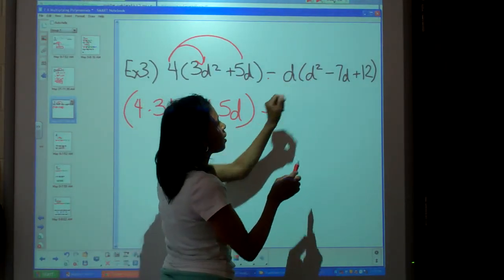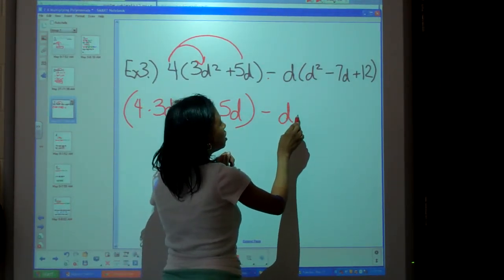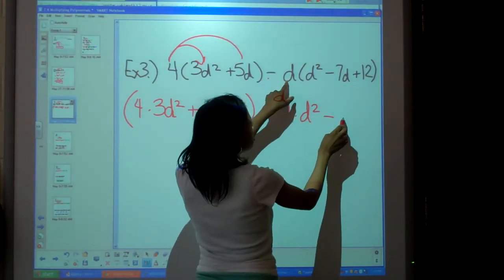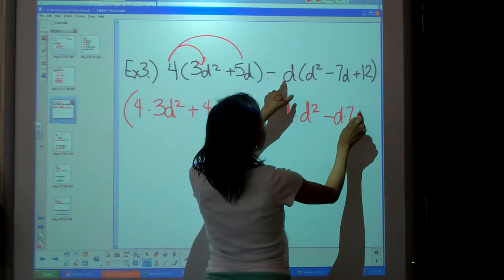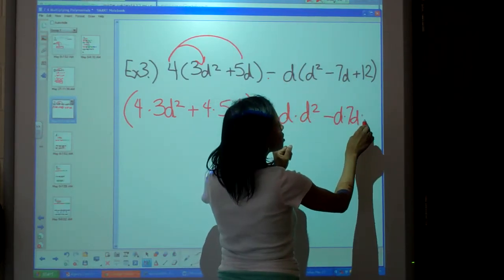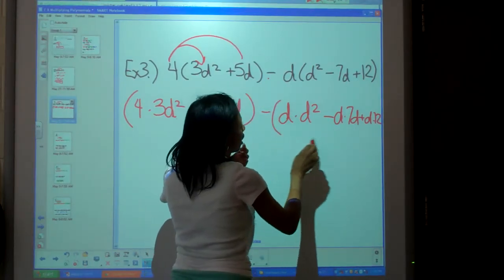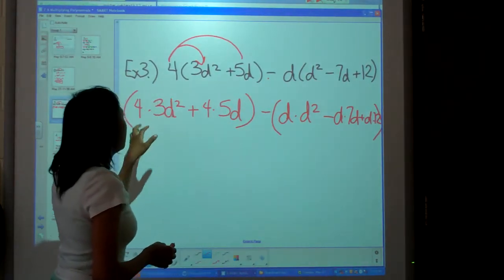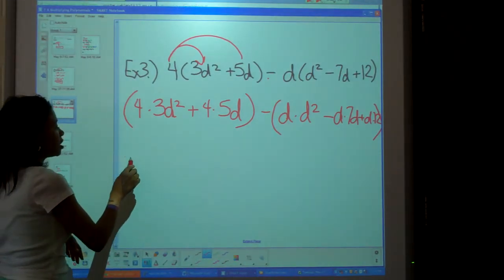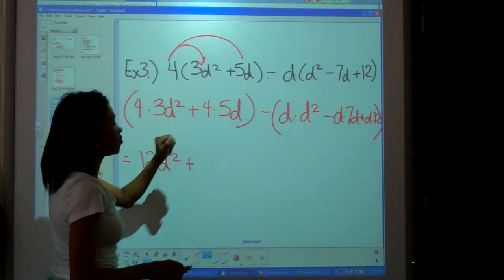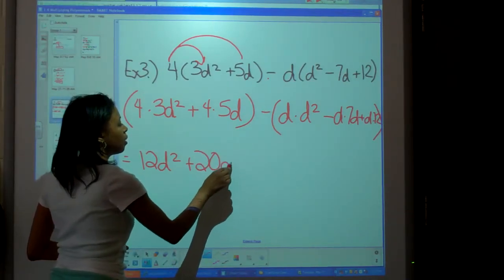Minus d times d squared. So d times d squared minus d times 7d. And this is going to be plus d times 12. Alright, we put that in parentheses as well. And 4 times 3d squared is equal to 12d squared, plus 4 times 5d is 20d.